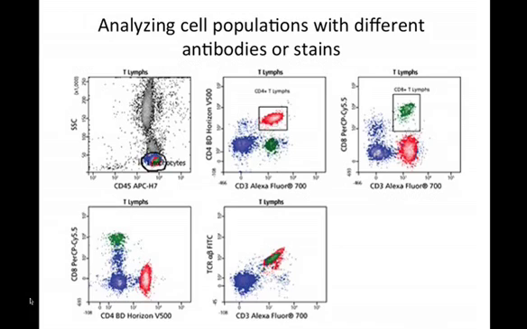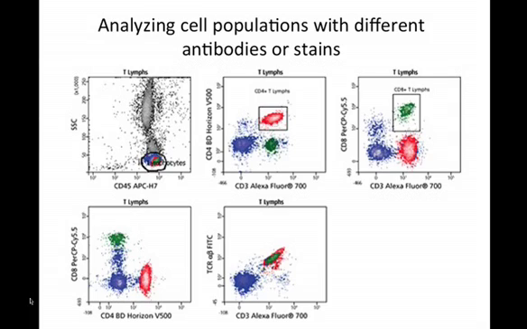You can also use antibodies and analyze them that way. If you use an antibody against CD4, which is a cell surface protein, then the computer can detect all cells that are positive for CD4 or CD8 or CD3.